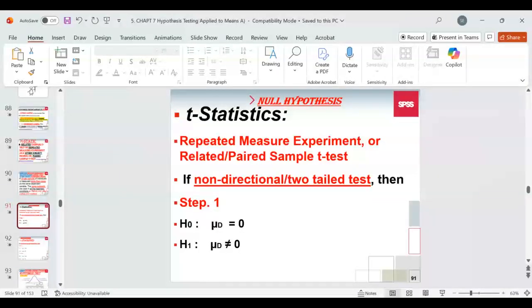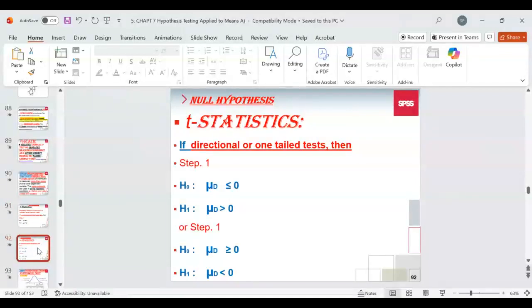It's always the same. We say there is a difference, some kind of change. Null says no. Those are the symbols. If we're doing a two-tailed, non-directional test, or a one-tailed test, then as you can see, H1 is us, the researcher.